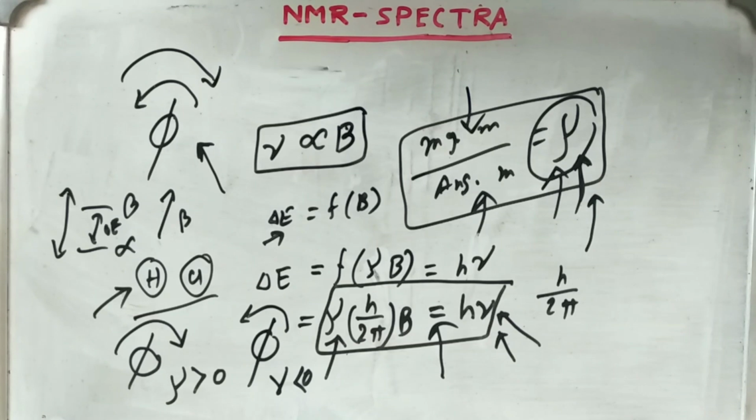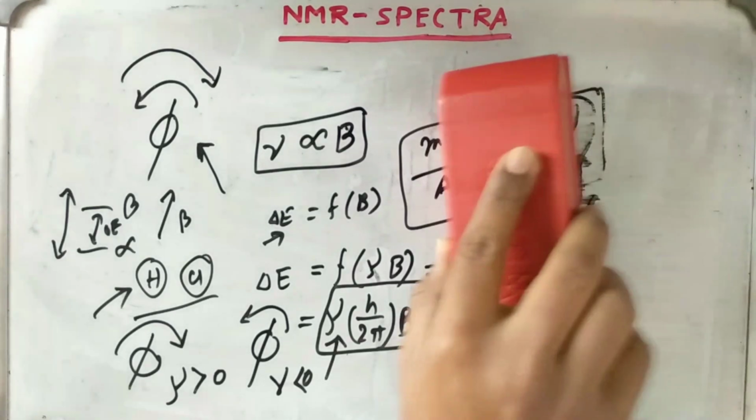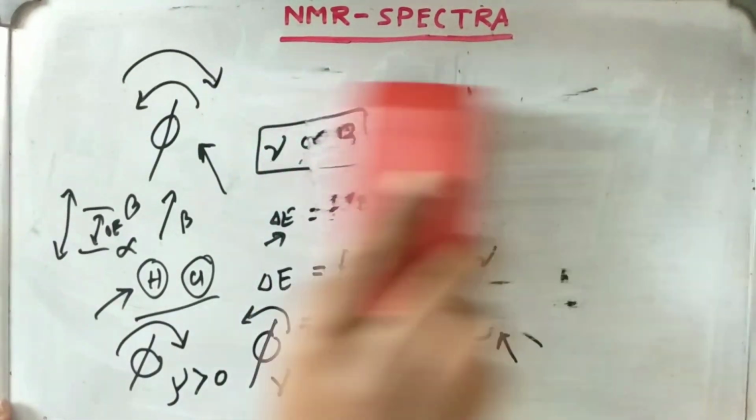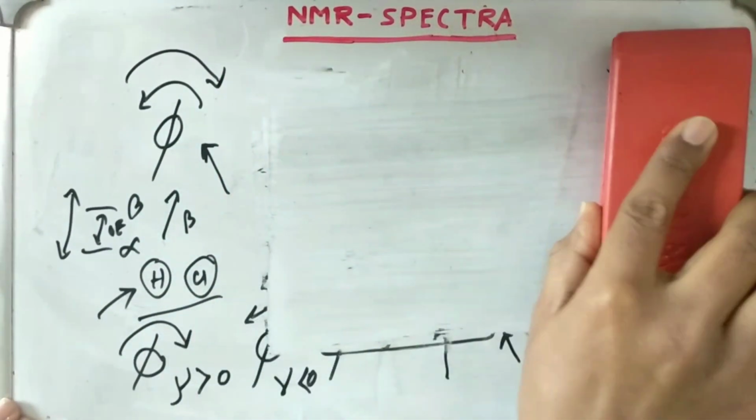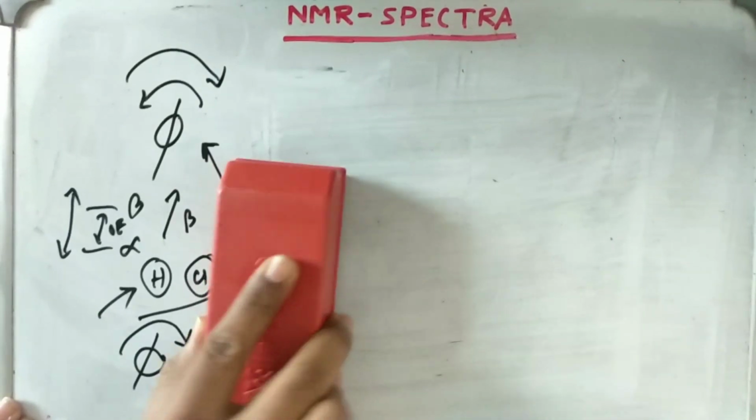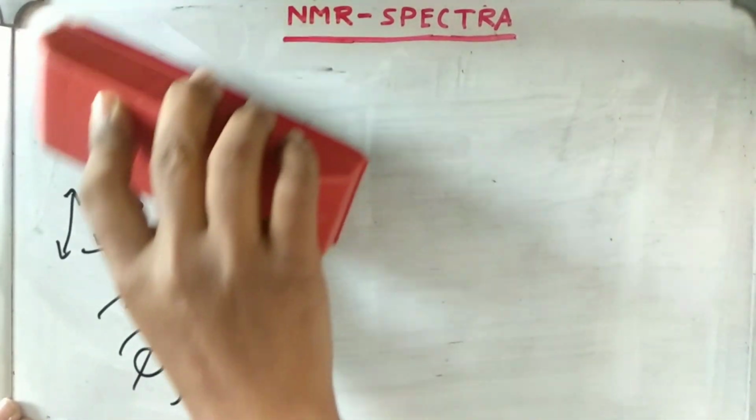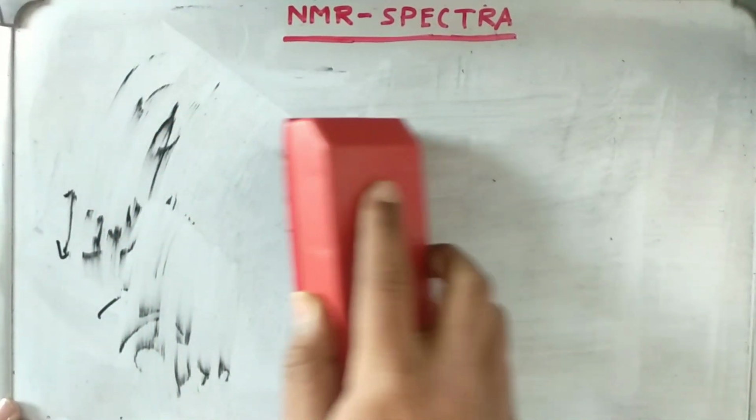Now coming to another point, that is the population densities of nuclear spin states. So what are population states? Population states come when a system shows different kinds of spin state flipping. Say it is in the alpha spin state and it is also in the beta spin state.